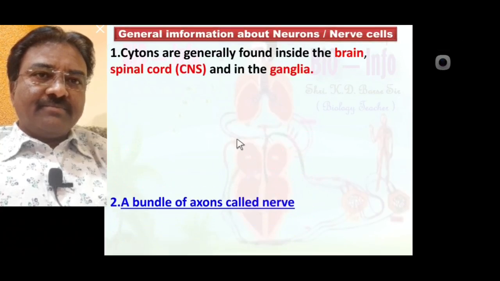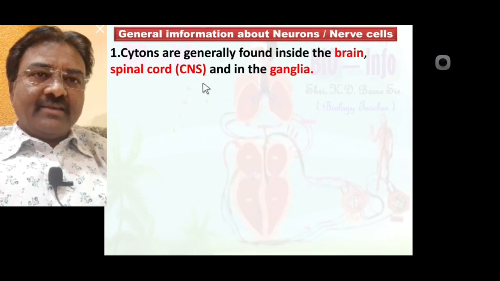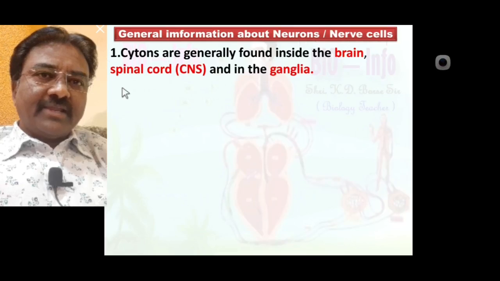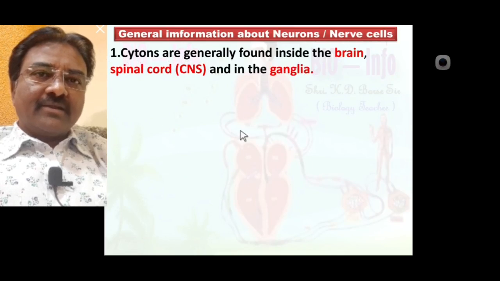Also cyton is present in the spinal cord, means CNS contains generally the cyton part of the neuron. Also ganglia contain the cyton part of the neuron.